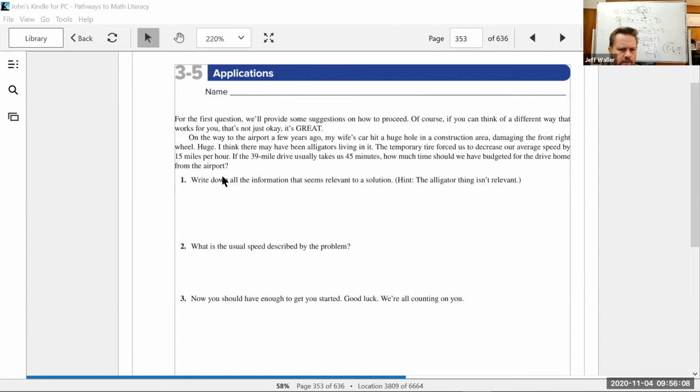I got brain locked on how to figure out the actual miles per hour they were traveling.